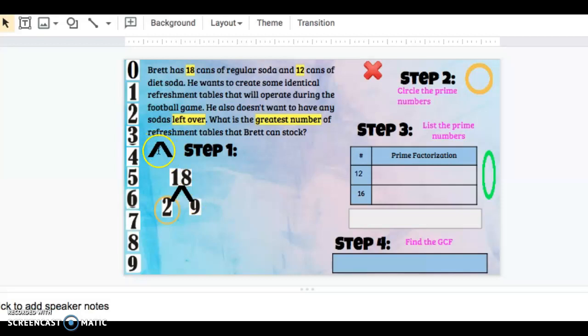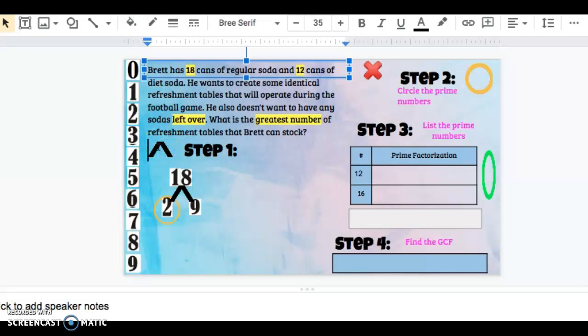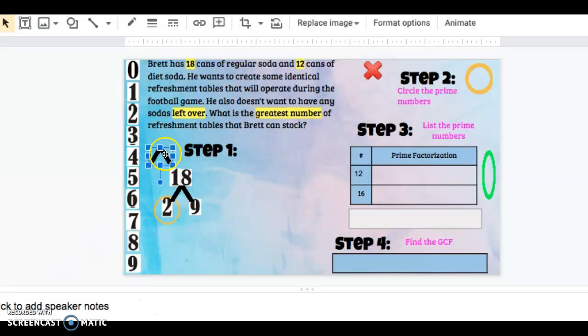So I can break that up now. So now 9 gets broken down to 3 and 3.